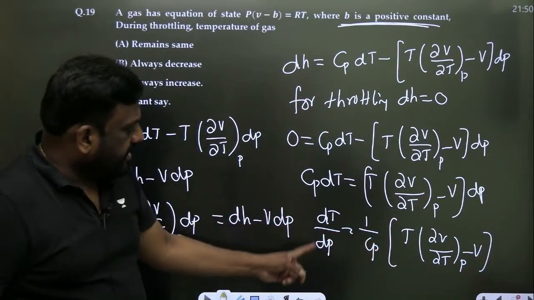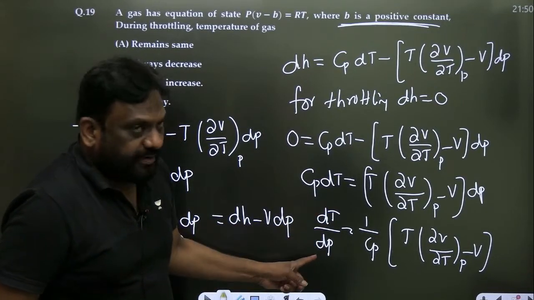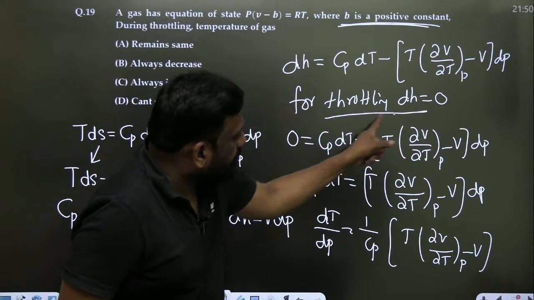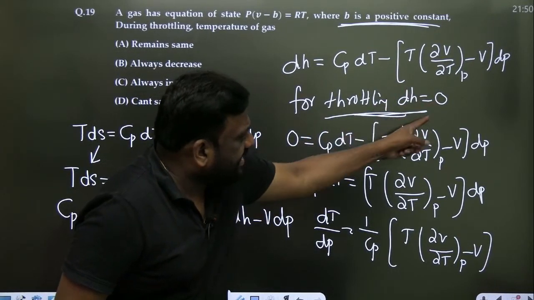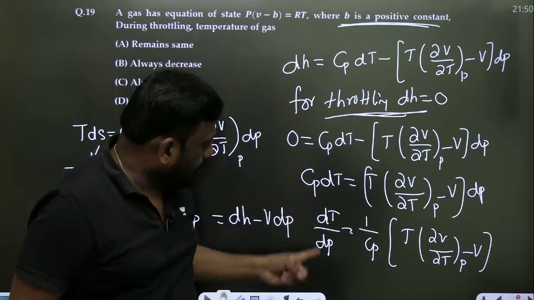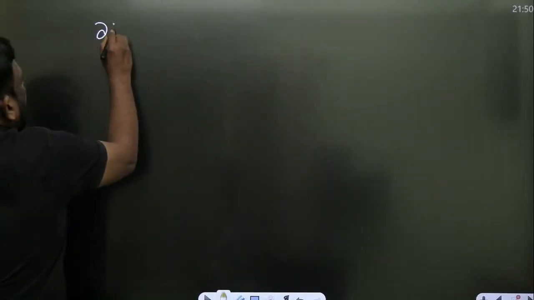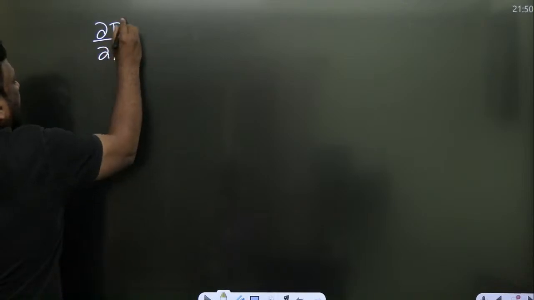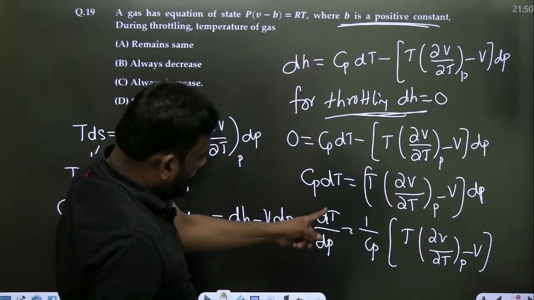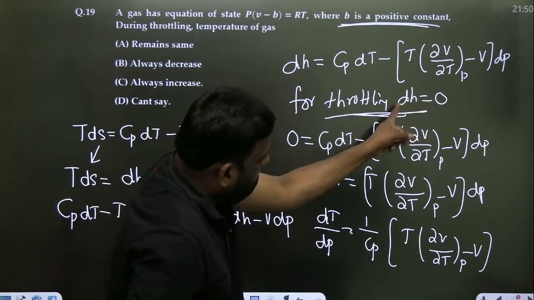जूल थॉमसन क्वेश्चन. This is a Joule-Thomson question. Why? Actually it is a partial derivative because it is evaluated at constant enthalpy. ये आप enthalpy constant लिए. Whenever one property is kept constant, जब भी आप किसी को constant करके differentiate करेंगे, partial हो जाएगा. तो ये partial है सर. So therefore now I write ∂T/∂P, and this you have evaluated at constant enthalpy. देखो ∂T/∂P, इसको ∂T/∂P लिखूंगा. क्यों सर? क्योंकि this is evaluated at constant enthalpy.